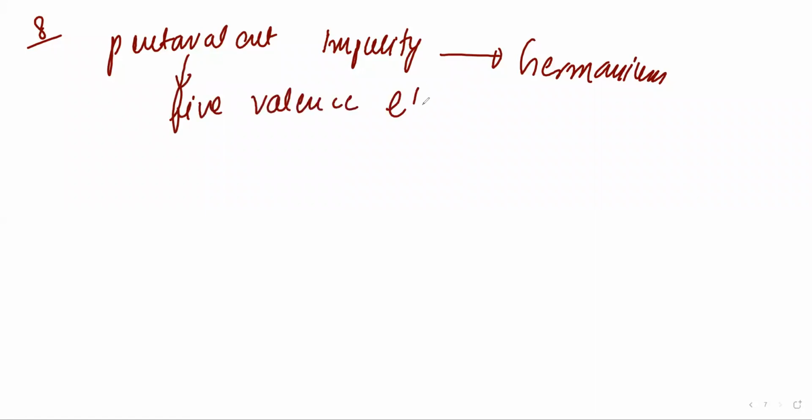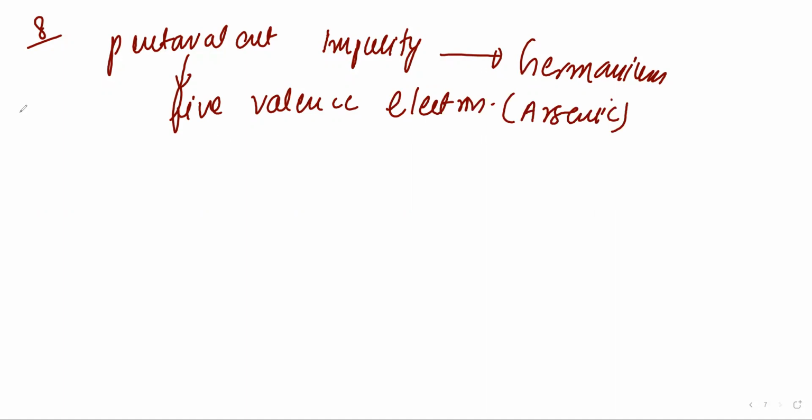Now look at question number 8. If we mix a pentavalent impurity in the crystal lattice of germanium, which type of semiconductor is formed? Pentavalent means 5 valence electrons, like arsenic.